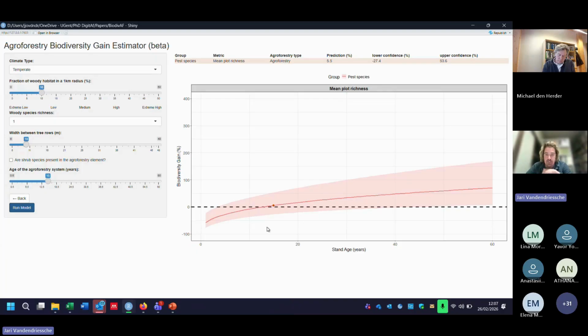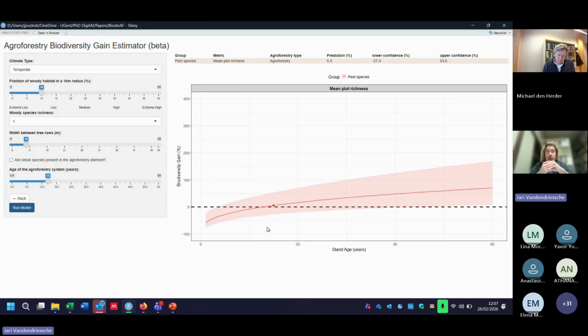Secondly, how do we interpret this? First of all, it's species richness that is simulated here. I saw another question that related to whether it's bad that there is a positive effect on pest species in this case, but it's still species richness.